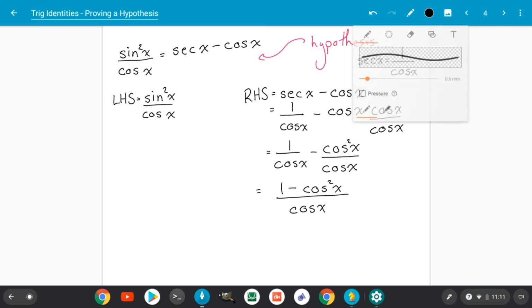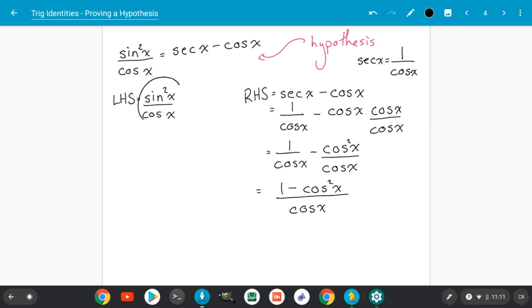Okay, now when I go back to the right-hand side here, 1 minus cos squared x. Now, I'm going to peek over at this one. Oftentimes it's helpful to peek at the other side. So I'm peeking over here, and I see that I want a sine squared x on this side. Well, I have that Pythagorean identity I used. That's how cos squared x and sine squared x are related.